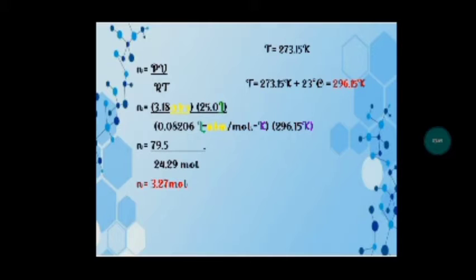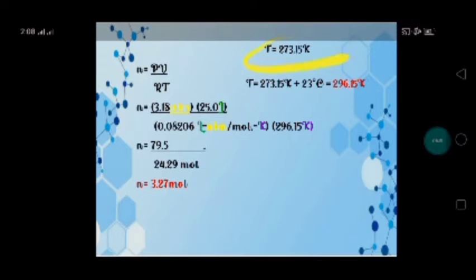Our P, which is our pressure, is 3.18 atm. Our volume is 25.0 liters. And our ideal gas constant is 0.08206 liter atm over mole Kelvin. Then we cannot proceed with the value of our T, which is the temperature, because the international system unit of temperature is Kelvin.